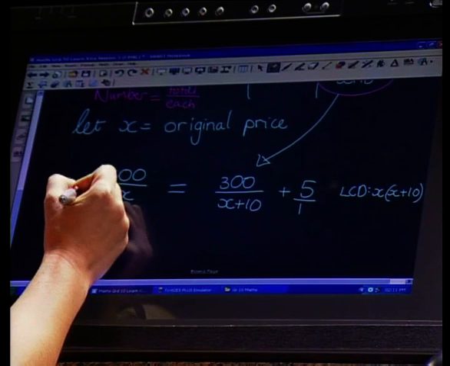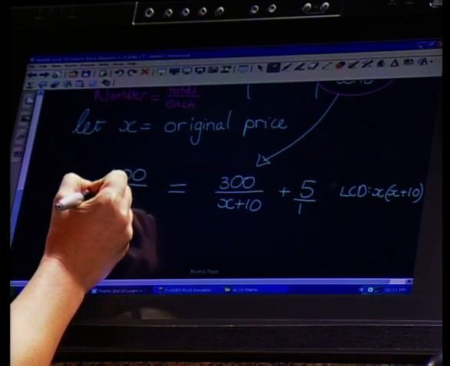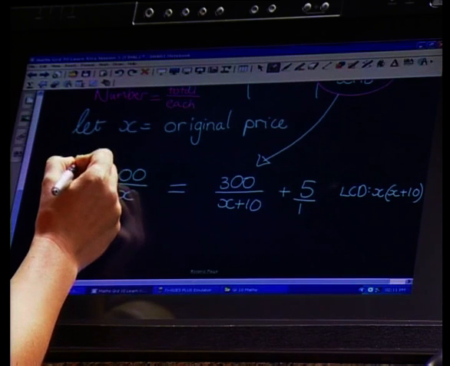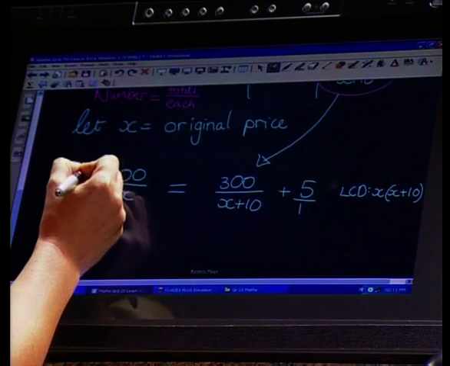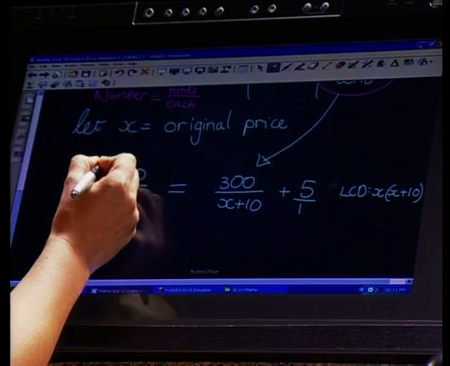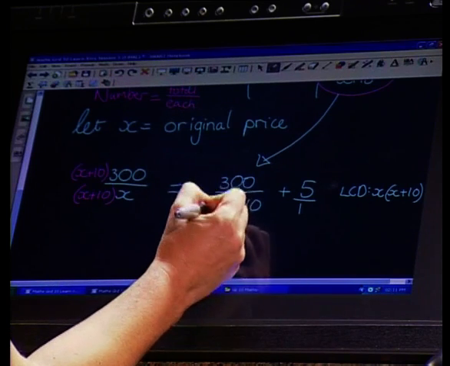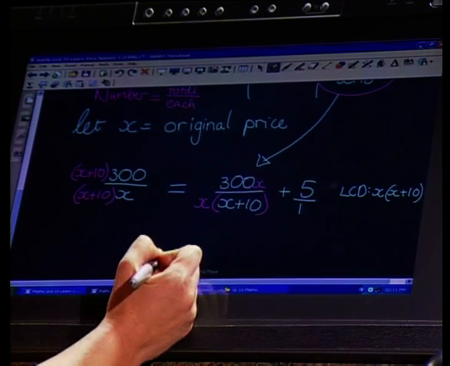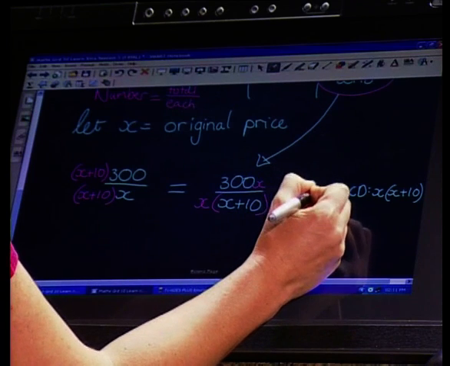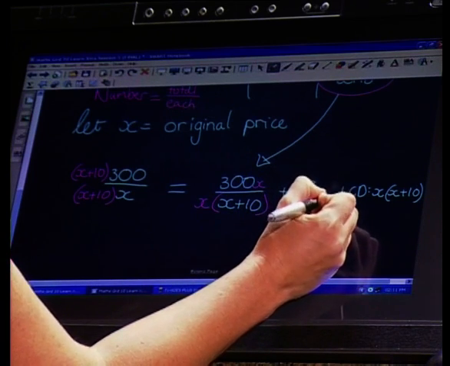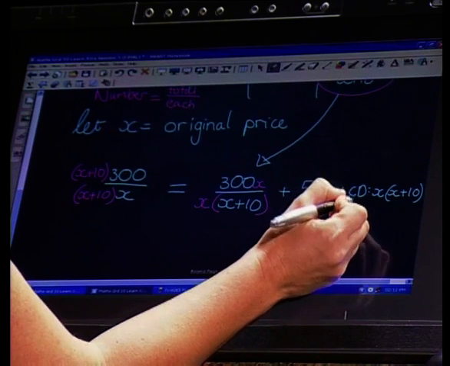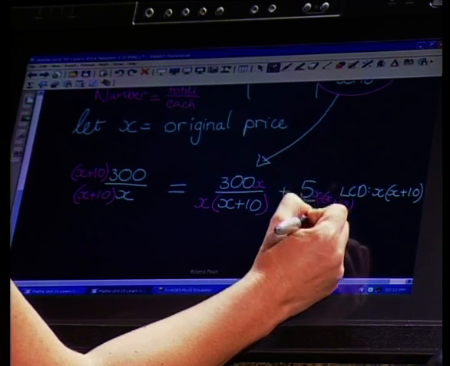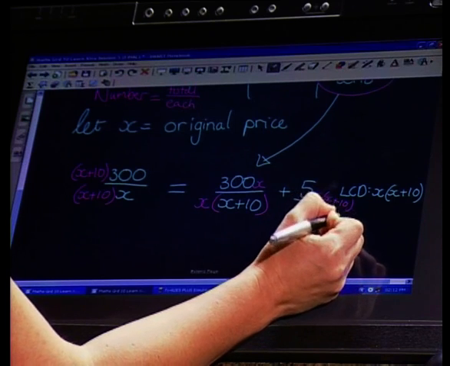Let's show it over here. We're multiplying x plus 10 to the denominator and to the numerator. And then over here, we're just multiplying by x to the denominator and the numerator, and then of course we're going to multiply the numerator and the denominator of 5 by x times x plus 10.